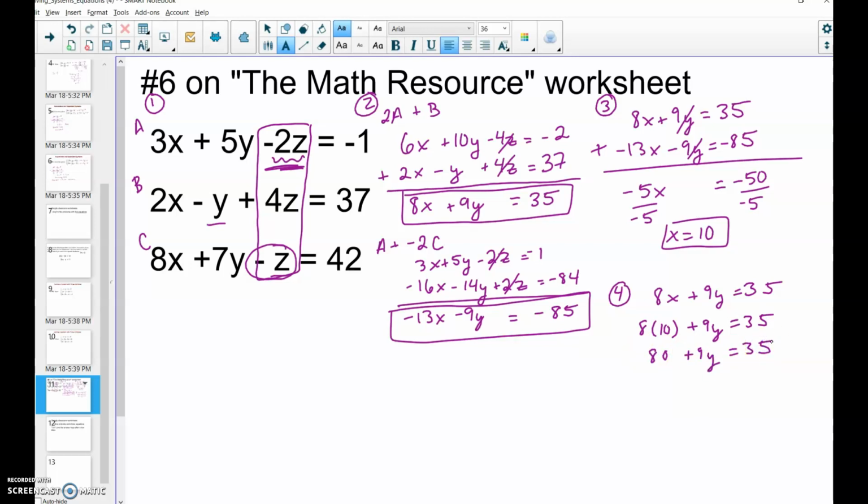So I have 80 plus 9y equals 35. I'm going to subtract 80 from 35. So I have 9y equals -45. Solve for y.